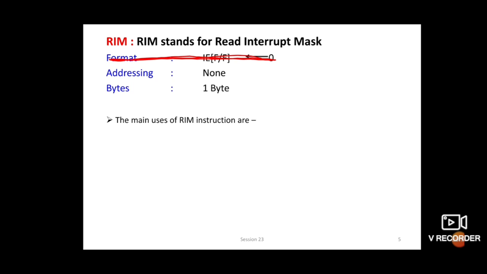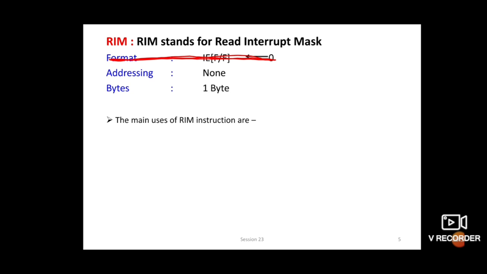Student, this instruction is used only for reading purposes. So, the purpose or function of this instruction is to show which interrupt is masked or unmasked. In this instruction, we don't set or reset because it is only for reading. Inside the microprocessor, which interrupt is masked, which interrupt is pending or not, which interrupt is enabled or disabled.